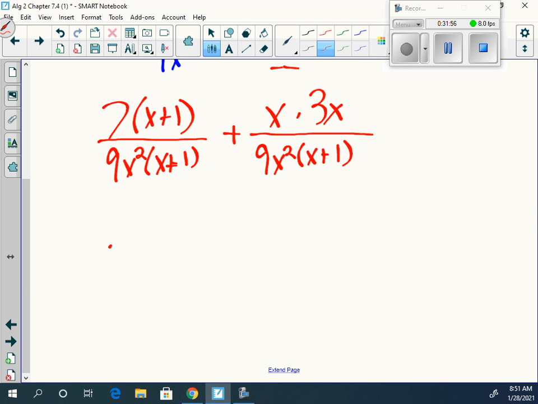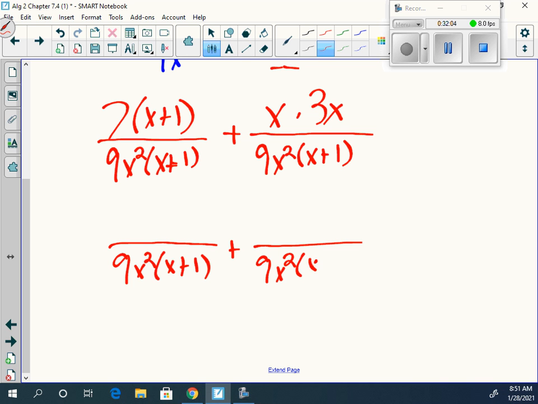We could have done that. Here we have to distribute the 7. So 7 times x will be 7x, plus x times 3x, 3x squared.